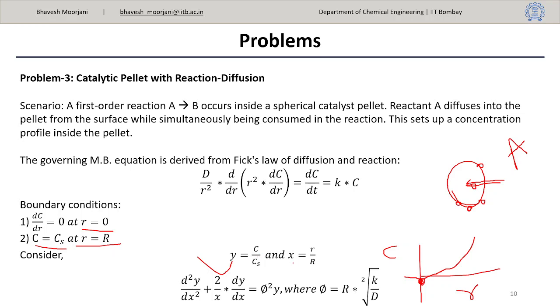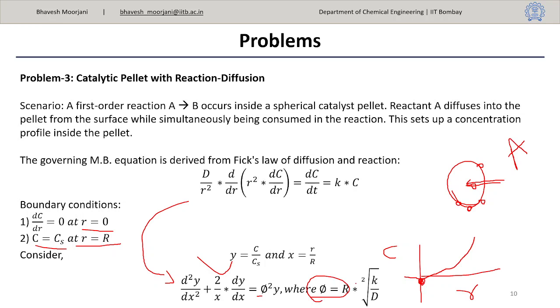Your x is a radius ratio, the radius divided by the maximum pellet radius, capital R. When you discretize it, solve the above problem and simplify it, you get the following ordinary differential equation in terms of the dimensionless numbers y and x, where phi represents your Thiele modulus.